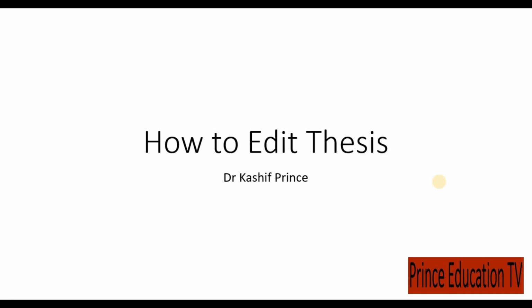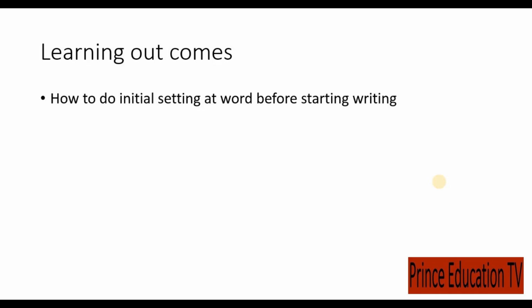So in this series of tutorials we will learn how to do the initial settings at Word before starting the writing. We will see how it is important, and then we will see how to add the heading and subheading at the different levels. We will discuss it in detail.